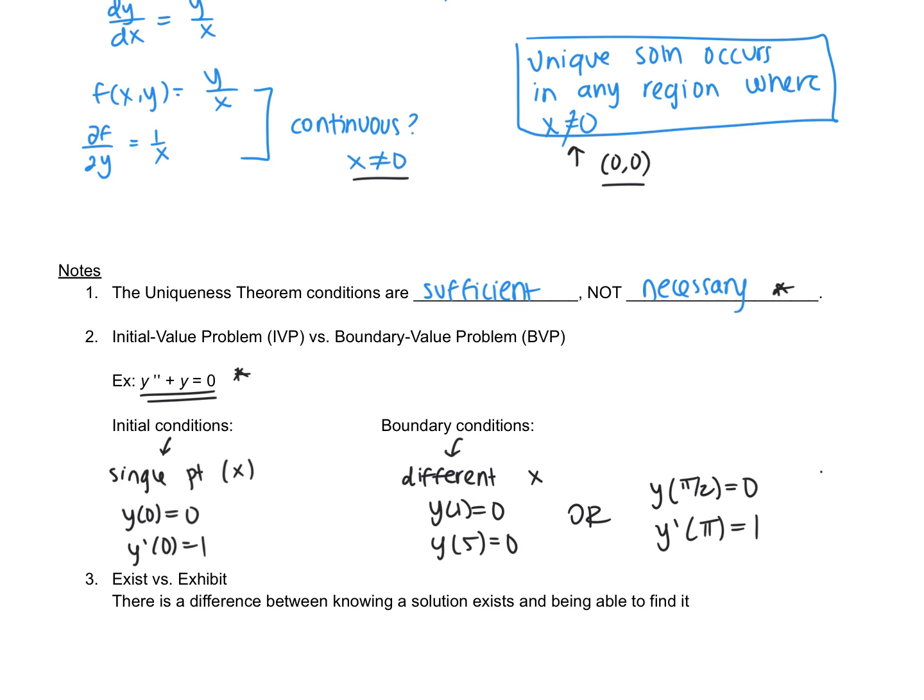Or you might be given something like y prime of 0 equals 0 and y prime of pi equals 0. So that's the difference. For an initial value problem, the initial conditions will be given at a single x value, whereas for a boundary value problem, the conditions will be given at different x values. And so that uniqueness theorem only applies to initial value problems.